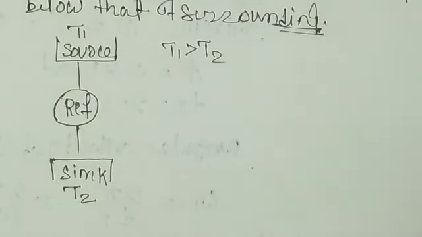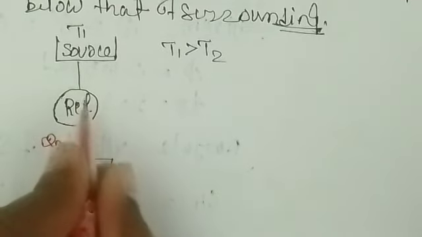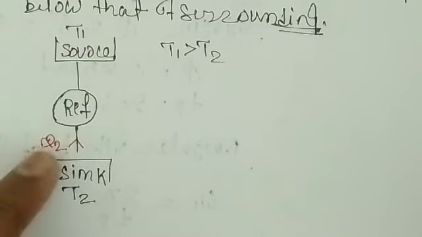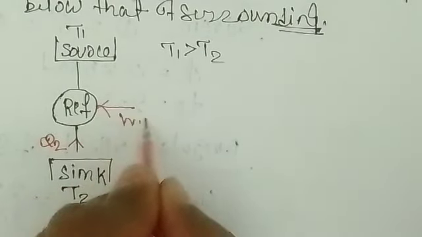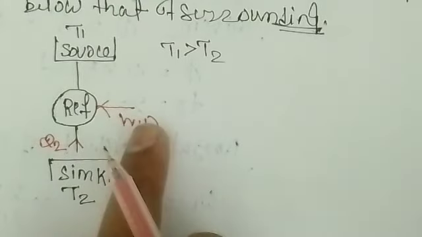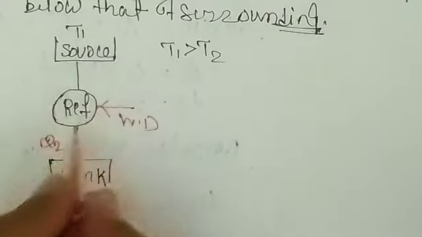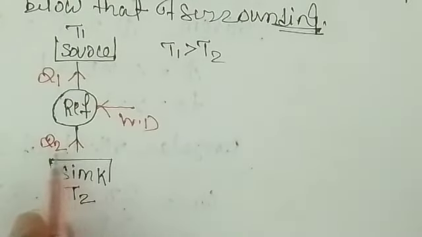Now you are giving the heat Q2 to the system, meaning heat is flowing from the lower body to the higher body, and when that happens, work is done on the system. So this is the work input, and the heat supplied to the higher body will be Q1. Your desired effect is cooling the system. So this is the cool temperature.